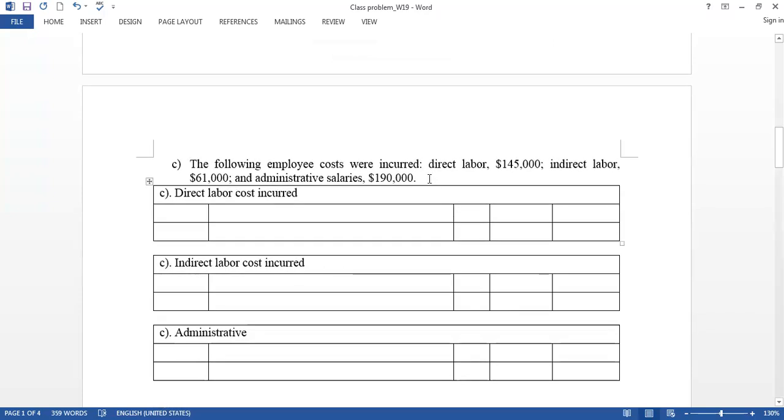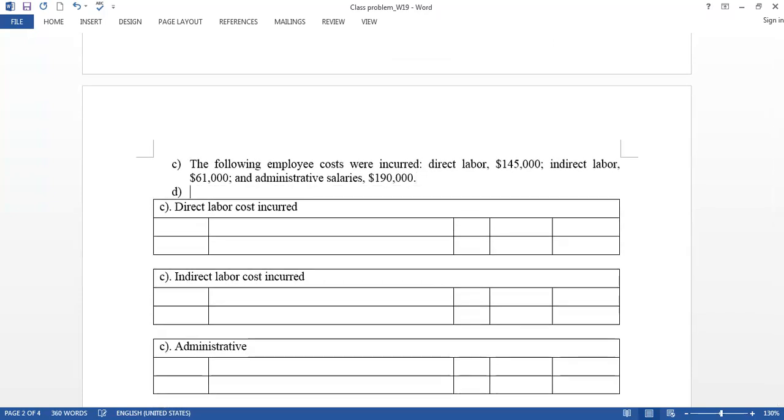Number C said that the following employees' cost were incurred. We have direct labor, we have indirect labor, and we have administrative salaries.